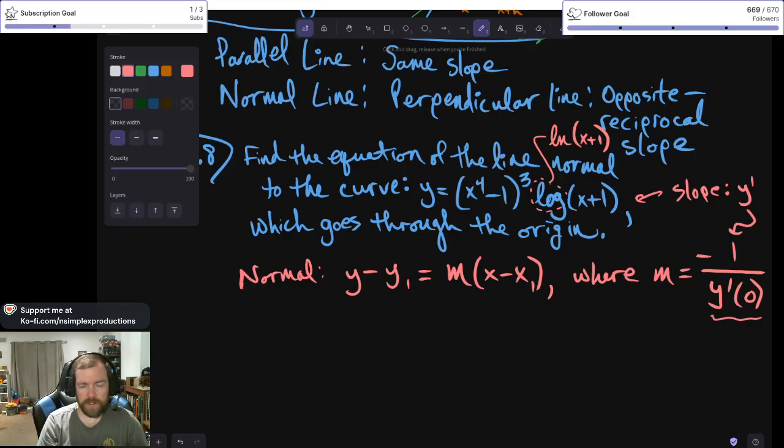Right, and we can allow x1, y1 to be the origin 0, 0, because again, we know it has to go through the origin.